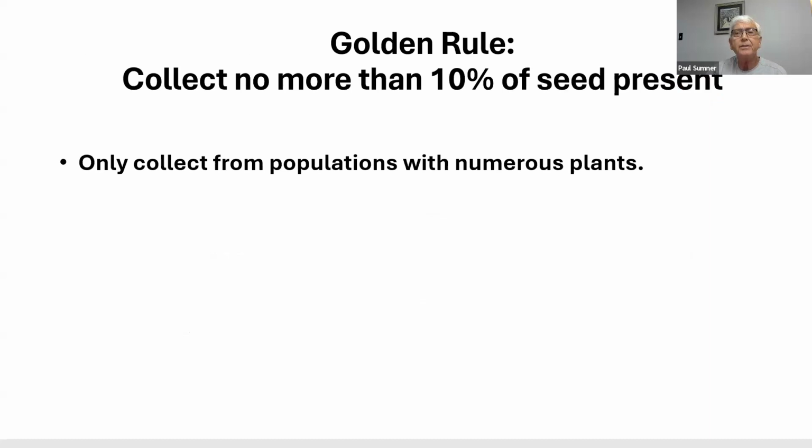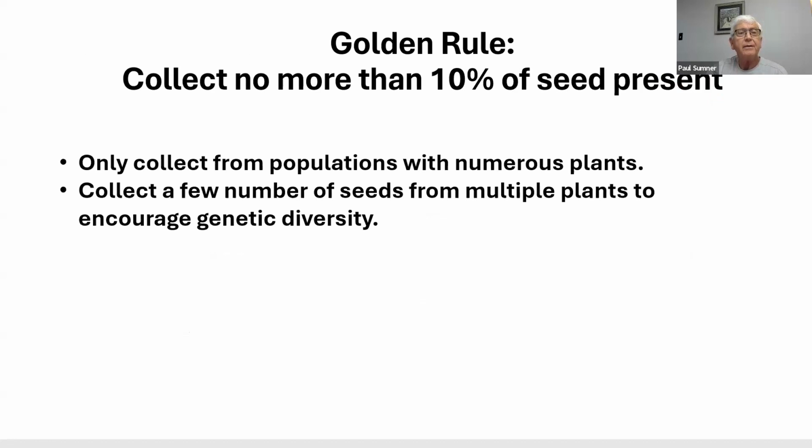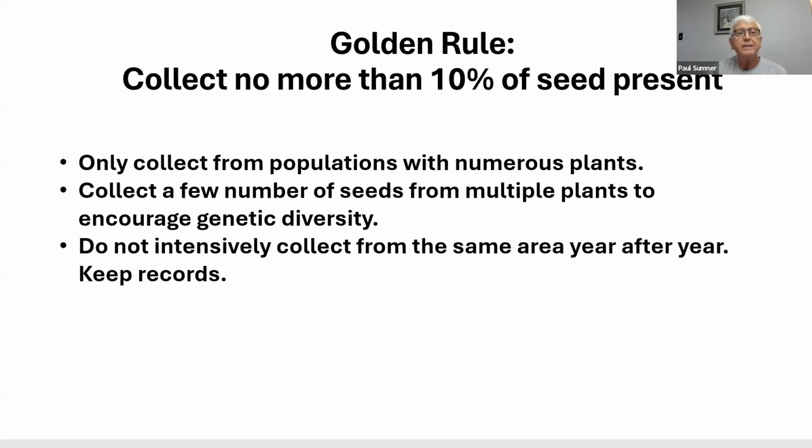Only collect from populations of numerous plants. Don't collect from just one plant at all. You want to collect from more than one plant. Collect a small number of seeds from multiple plants to encourage genetic diversity. Don't go back to the same spot every year collecting seed.